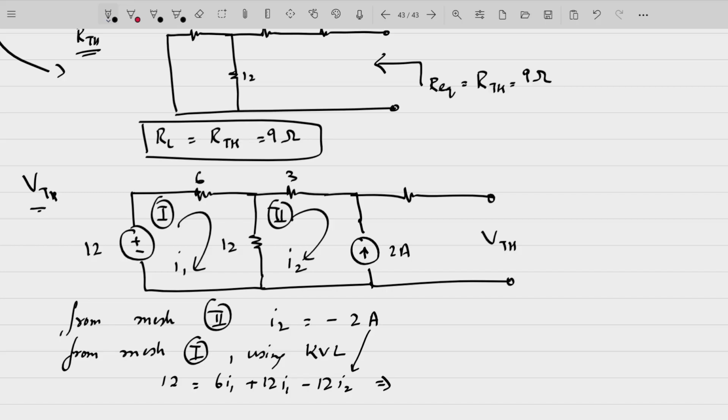Substituting I2 equal to minus 2, this becomes plus 24. So we have 18I1 equal to minus 12. I1 is minus 12 by 18, which is minus 2 by 3. I2 is minus 2 amperes.